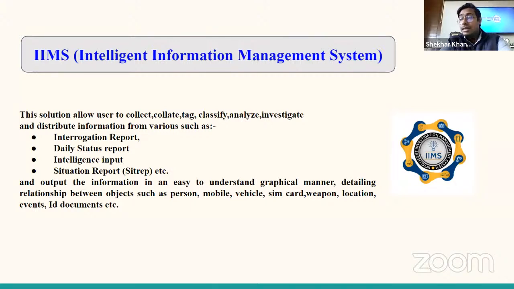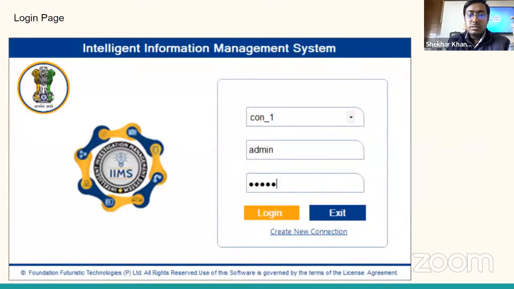Like there is a corruption case, or a political case, or a murder case, or any case you want to plot on any interface. So IIMS is the solution which will give you all these things. It can work on a server or a local client also.